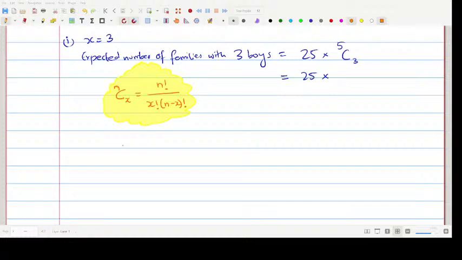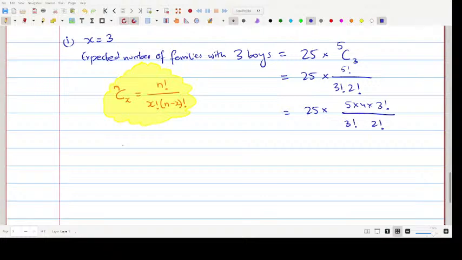Okay, so we have got 25 multiplied by 5C3. The value of 5C3 would be 5 factorial divided by 3 factorial multiplied by 2 factorial. So that is 25 multiplied by 5 factorial, which is 5 multiplied by 4 multiplied by 3 factorial, divided by 3 factorial multiplied by 2 factorial.